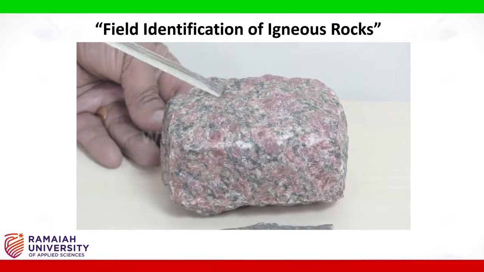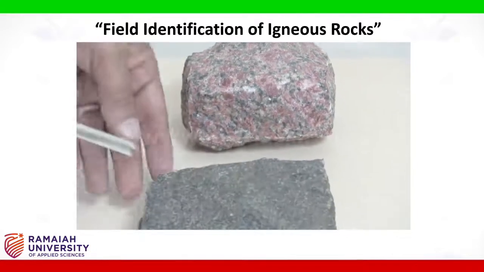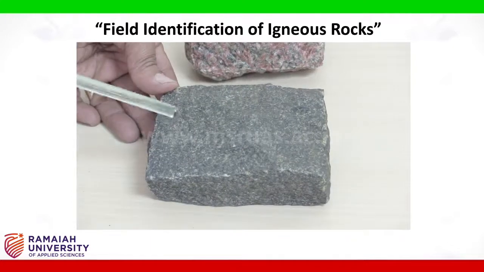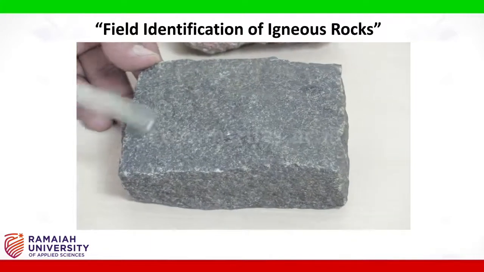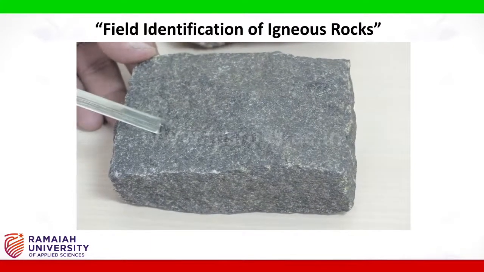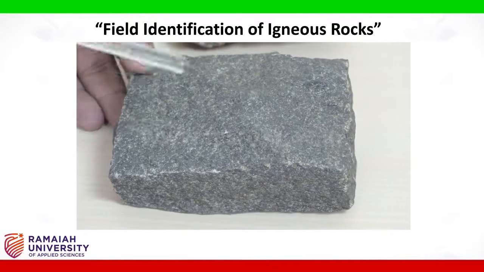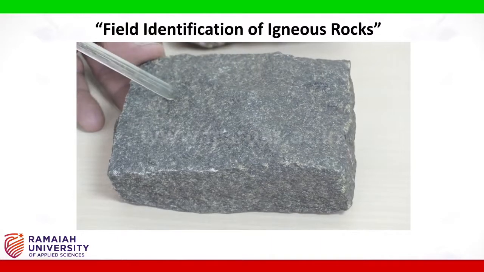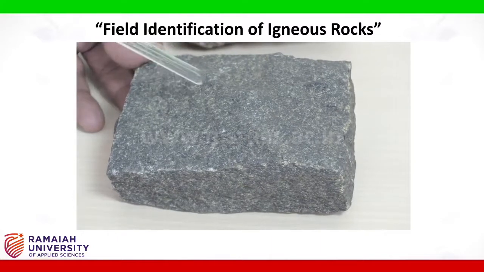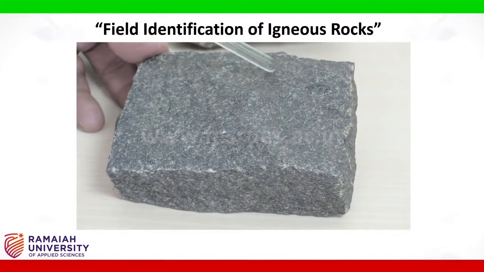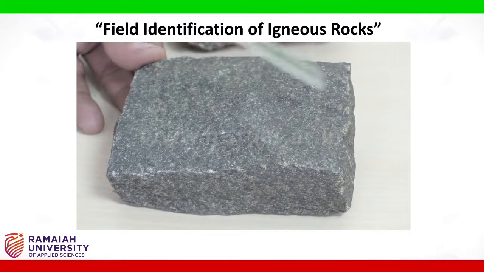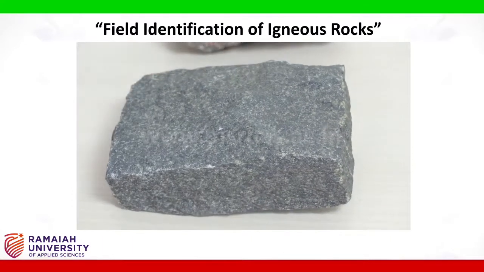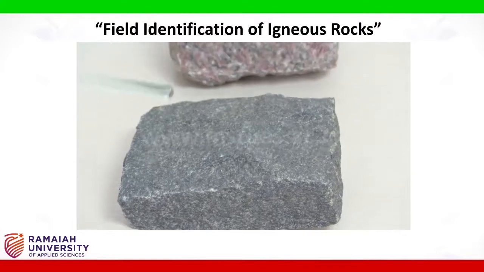This is a granodiorite. This is also a granodiorite occurring as very fine grained mineral constituents, having tiny grains of quartz, feldspar and biotite and hornblende minerals. They come under the intermediate igneous rocks.